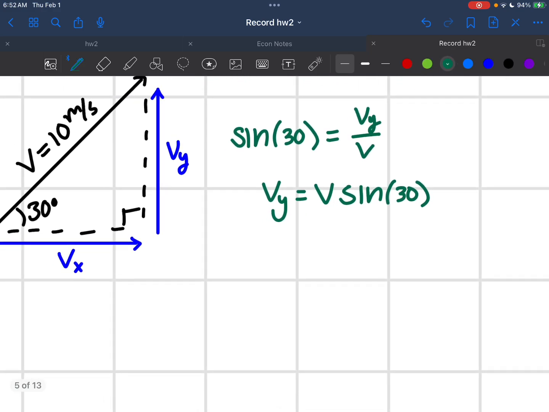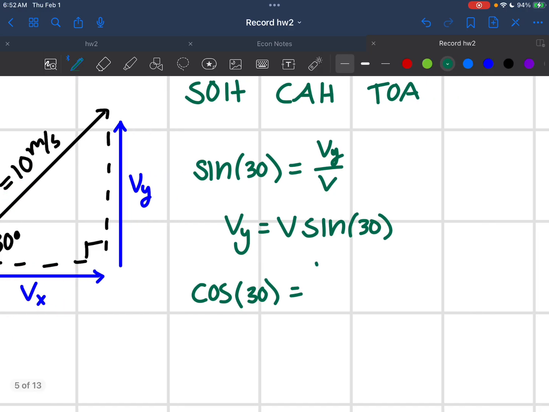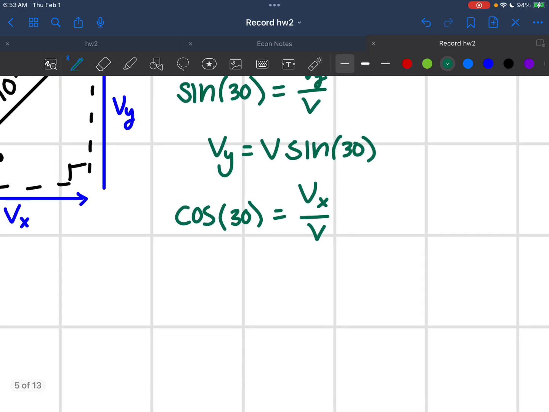Then I'm just going to throw cosine at it. So cosine of 30 will be my adjacent, which is Vx, over my hypotenuse, V. Then again, I can solve for Vx. So it'll be V cosine 30.